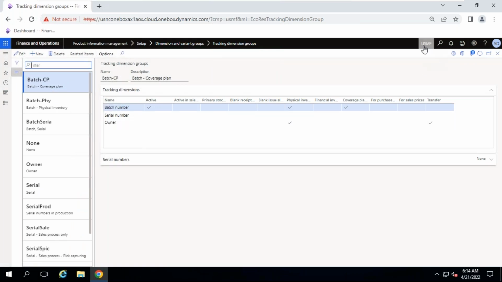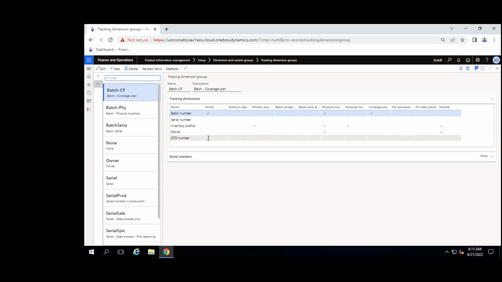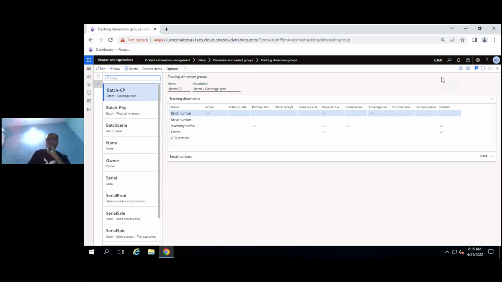But as I told you, if you go to Russian localization, RUMF, you will find 5: batch number, serial number, inventory profile, owner, GTD number. This is for Russia only, not for other countries.